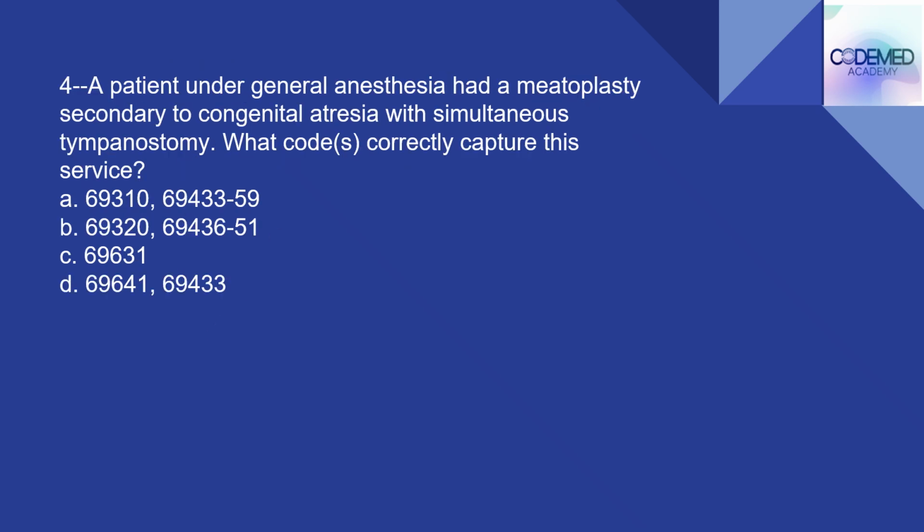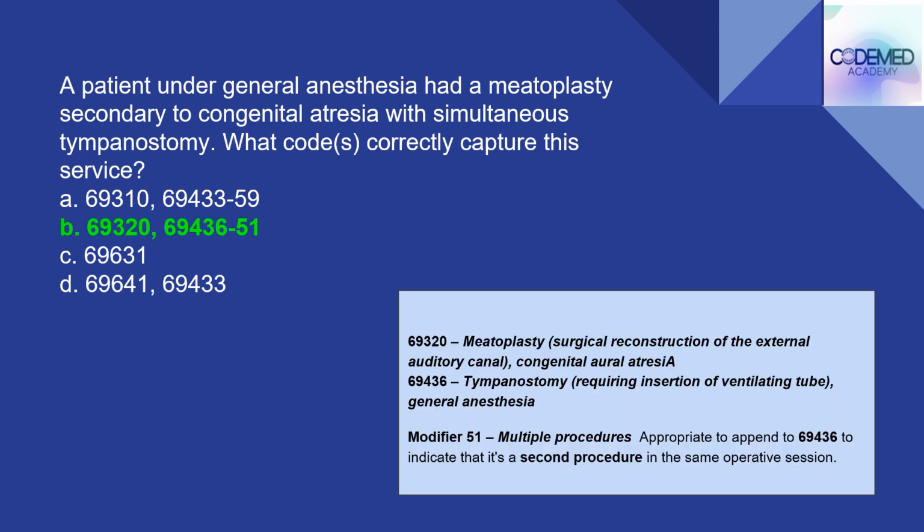The patient under general anesthesia had a meatoplasty secondary to congenital atresia with a simultaneous tympanostomy. What code correctly captures the services? And we have all these codes. Kindly go through all the codes and tell me the answer. So yes, B is the correct answer because if you look at code 310, it also talks about meatoplasty, but it is for stenosis due to injury, and this happened because of congenital atresia, and we have a separate code for that.